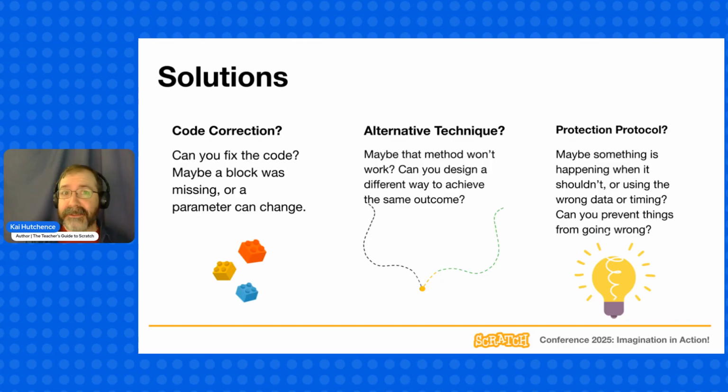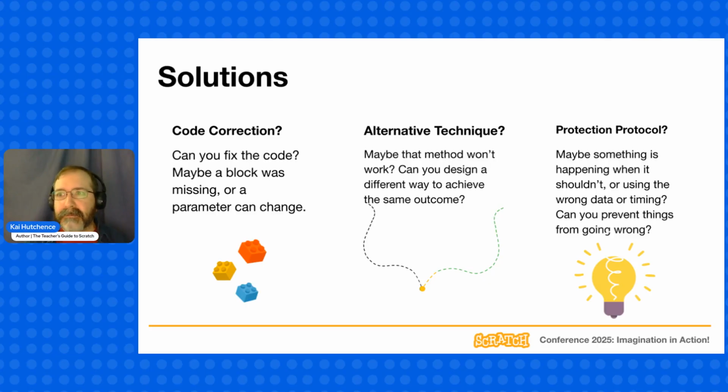The other consideration we have to solving a problem is to avoid having the problem happen in the first place. And so we can try and set up maybe like a protection system to avoid the problem. In professional coding, sometimes this is called error handling. So maybe if you're using the ask block, maybe you're asking them something and it needs to be a number.